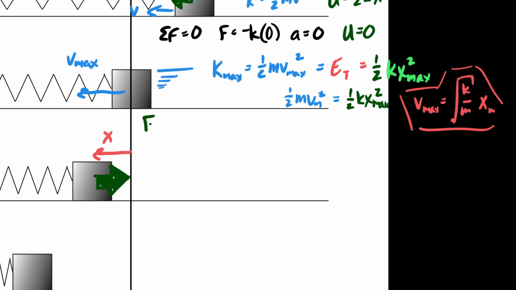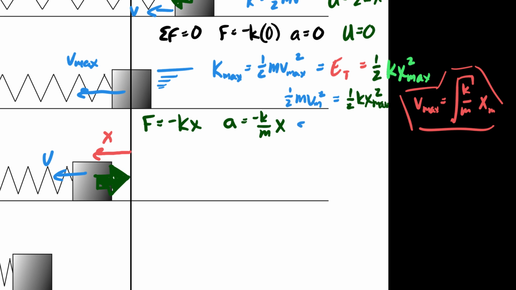Right, suddenly the force is minus kx. So now the acceleration is negative and is slowing the object down. The object's velocity is still this way, but it's getting smaller because the force and the acceleration are to the right.